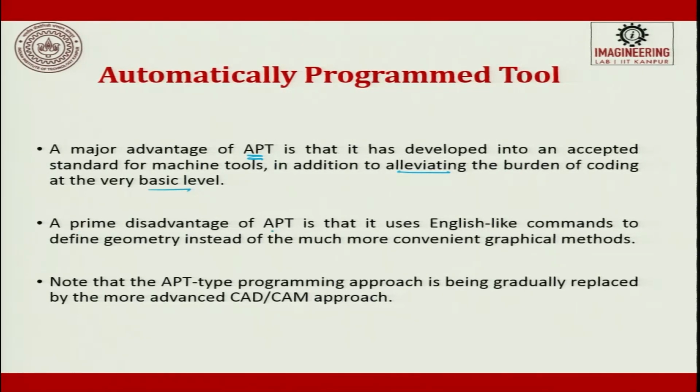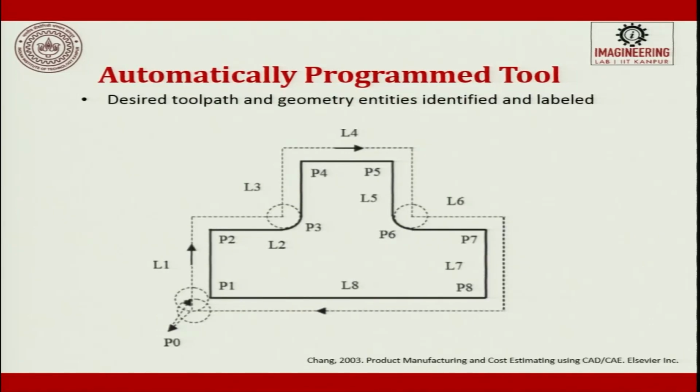The primary disadvantage of APT is that it uses English language commands to define geometry instead of a convenient graphical method. Note that the APT type programming approach is being gradually replaced by more advanced CAD/CAM approaches.